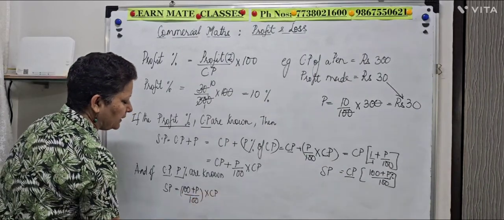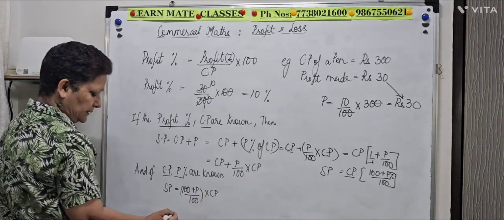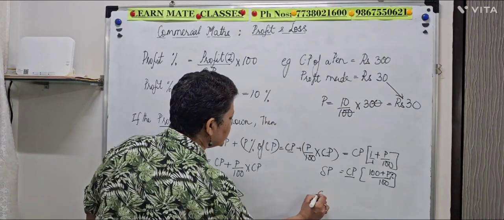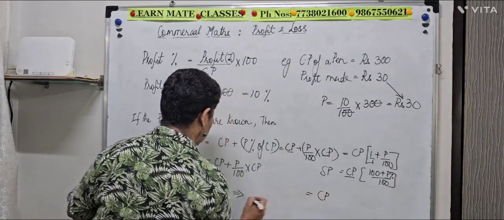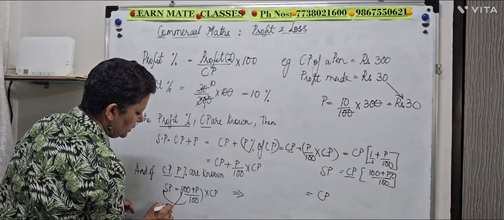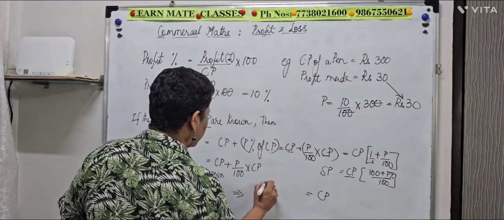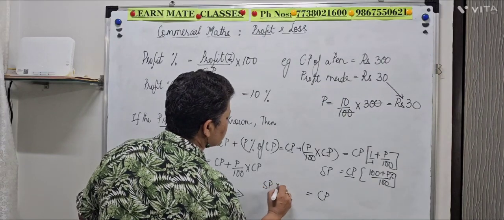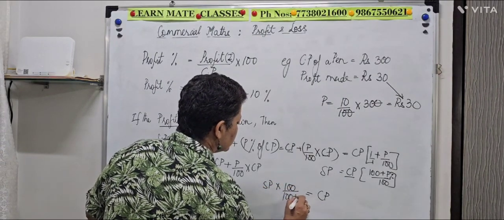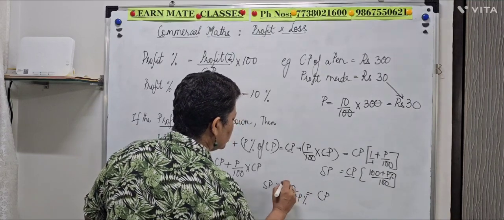Now if I need to find the cost price, I transpose everything to this side and leave only CP on the right. This fraction goes up, this comes down, and this becomes nothing but SP into 100 upon 100 plus profit percent. Is that okay?